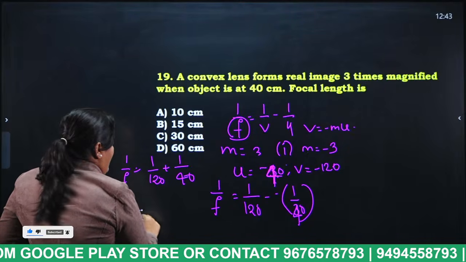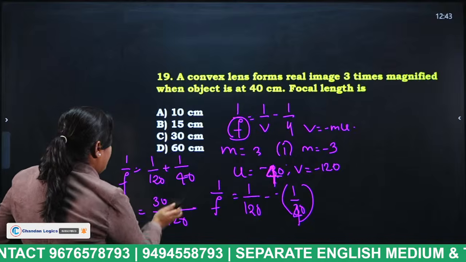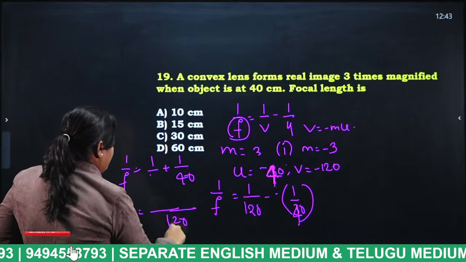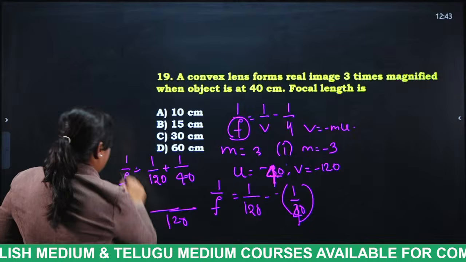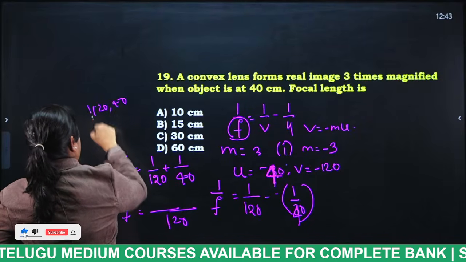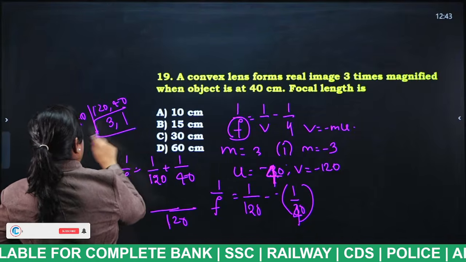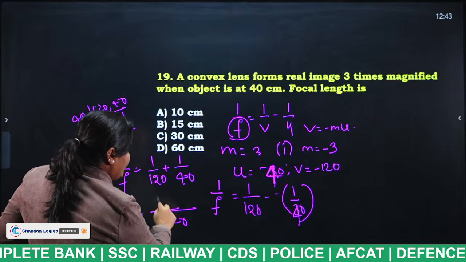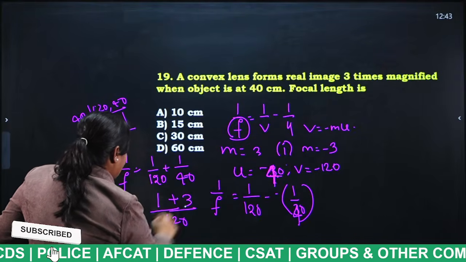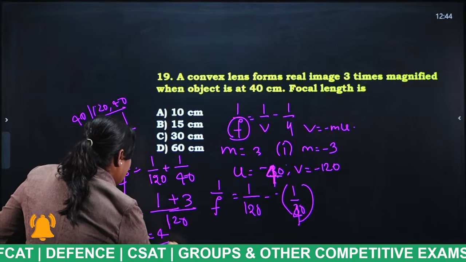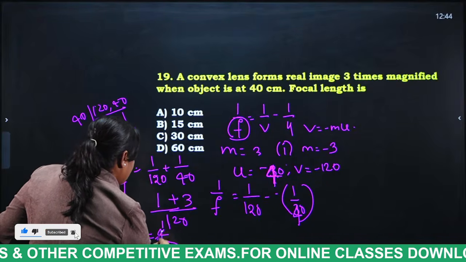Finally what you will get, 1 plus 3 over 120. So you are getting 4 by 120, so 1 by 30.